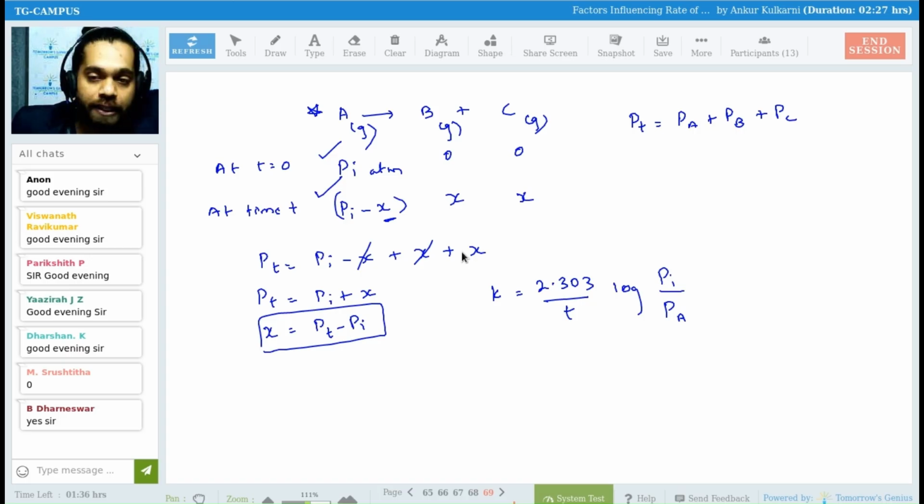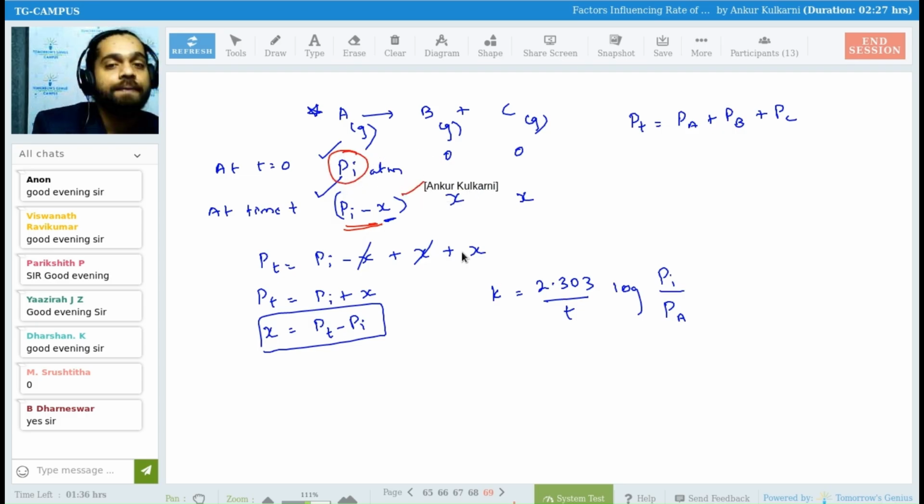Are you getting it, everyone? Yes or no? Pa is nothing but this value, because this is the reactant. So initial is Pi and final is this. To avoid confusion, I'll write it like this: Pi minus x.